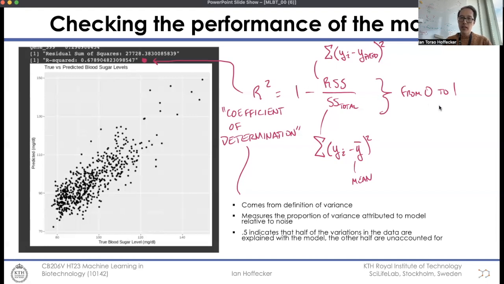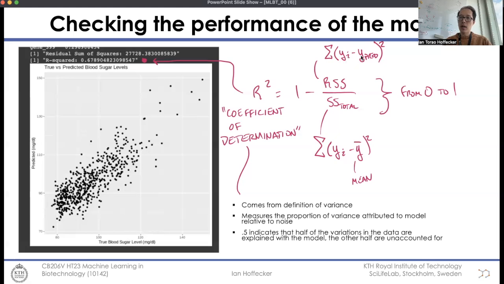This is referred to as the coefficient of determination. And it has this equation here: 1 minus the residual sum of squares divided by the total sum of squared error here, which is the Y values minus the mean. So this is kind of the average variance in this data set. And this is the variance that is described, the variation in the data that's described by our model.